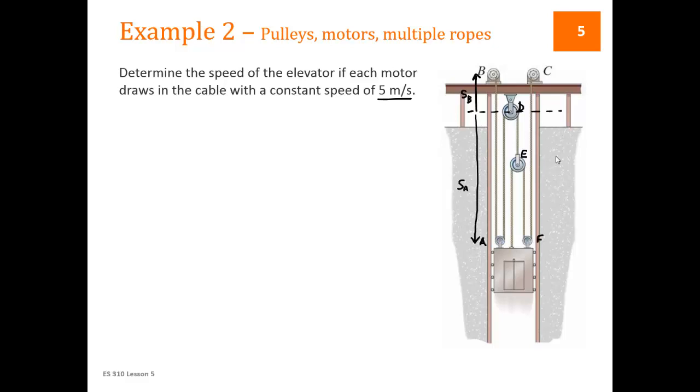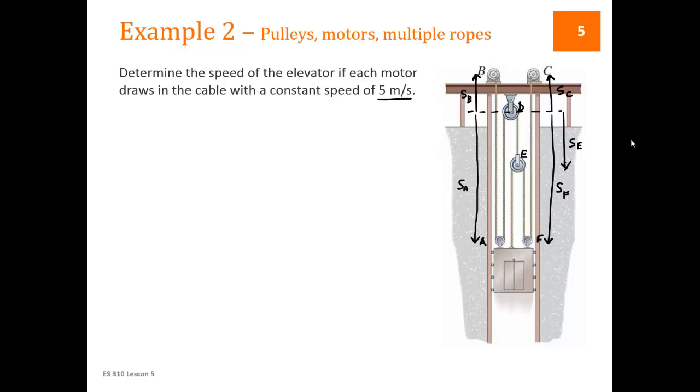Then on the other side, from the fixed point up to the giant at pulley motor C would be SC. From the fixed point down to the pulley on the elevator would be SF. And we also have this pulley E, so we need to go down from the fixed point to pulley E, so that's SE.